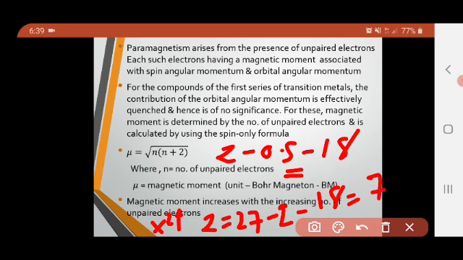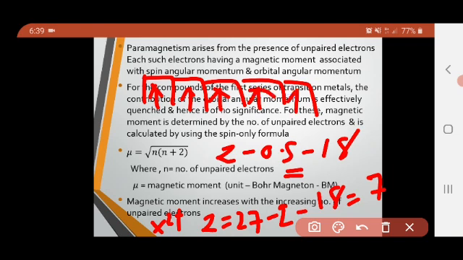But we know that in d orbitals, there are 5 different orbitals, that is dxy, dyz, dxz, dx square minus y square and dz square. That means we write 5 columns for d, 1, 2, 3, 4, 5. And how do we fill the electrons? 1, 2, 3, 4 and 5.